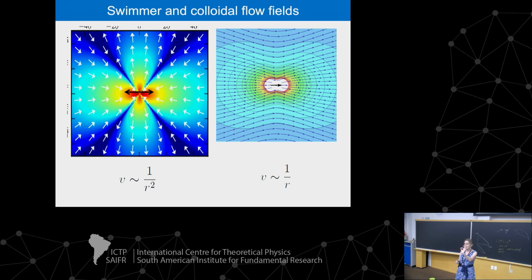A point charge gives you a potential 1 over r. If you have a plus and minus charge, that 1 over r bit is cancelled out, and you pick up the next leading order, which is 1 over r squared. This is exactly the same thing, but for forces instead of electromagnetism.